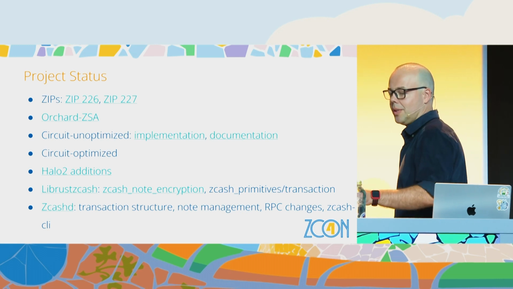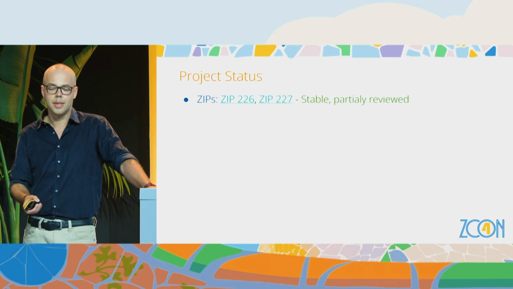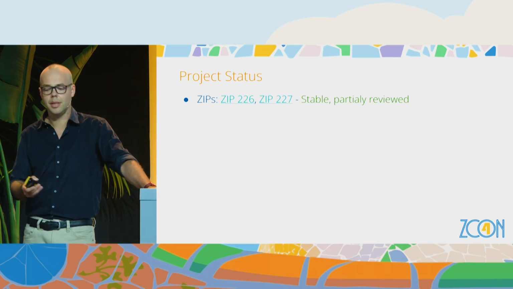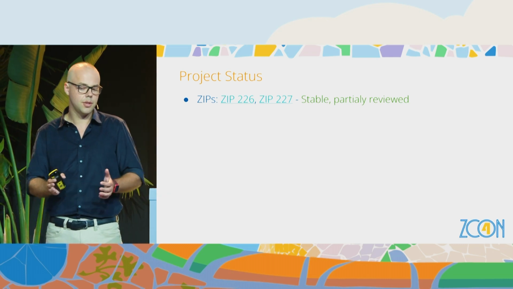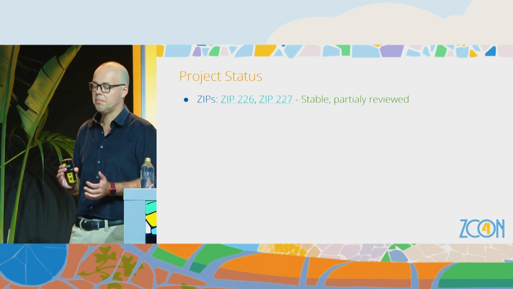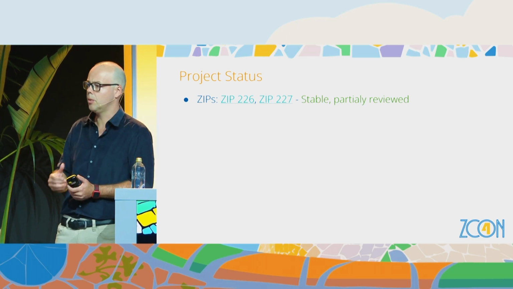So let's talk about some components of the ZSA project. First of all, we have the ZIPs. The ZIPs are the technical proposal itself. It was partially reviewed by the Zcash Foundation and by the ECC, and the overall technical proposal is solid. There might be some detailed fixes required, but everyone who reviewed it thinks that the overall proposal is solid.